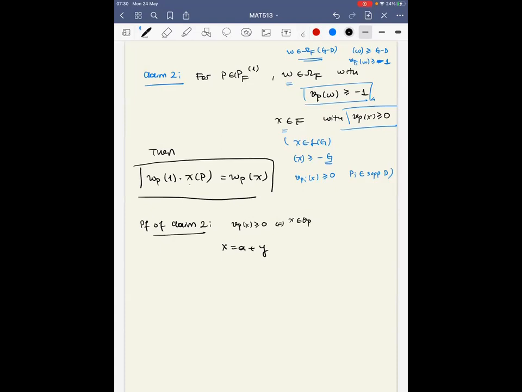And since the degree of P is 1, we can write X as A plus Y. More explicitly here, we can also observe that A denotes the evaluation of the function X at P.